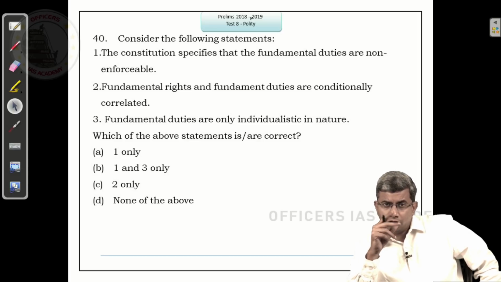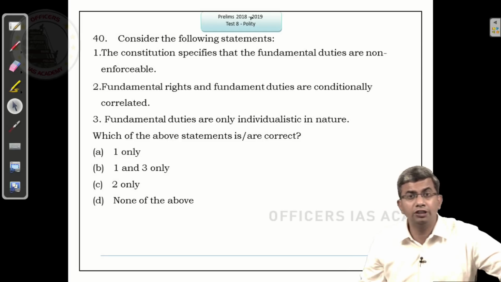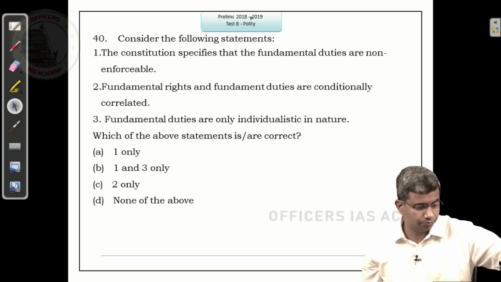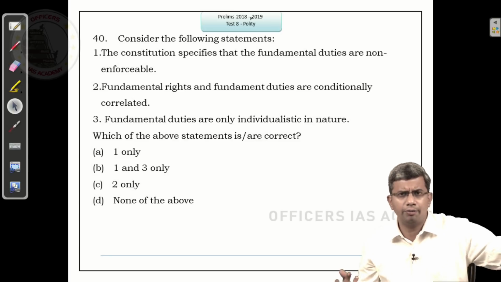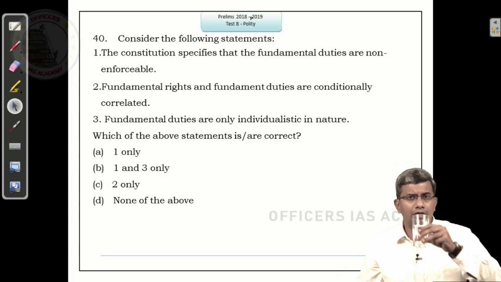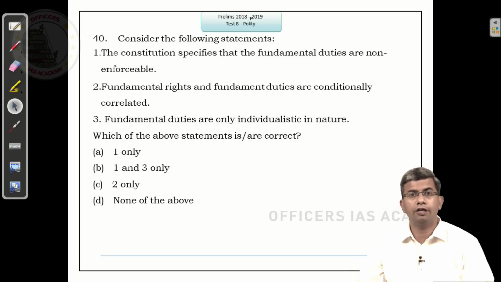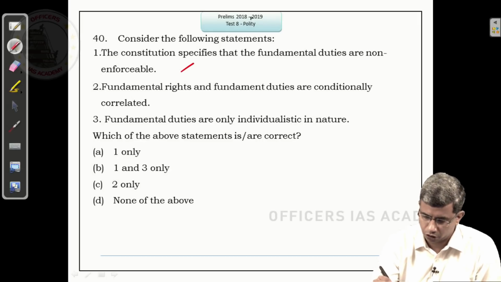No. Constitution specifically mentions in Article 37 the directive principles of state policy are non-justiciable in nature. It does not talk about, it just says fundamental duties, every citizen should try and follow these fundamental duties. So the first statement is not correct.